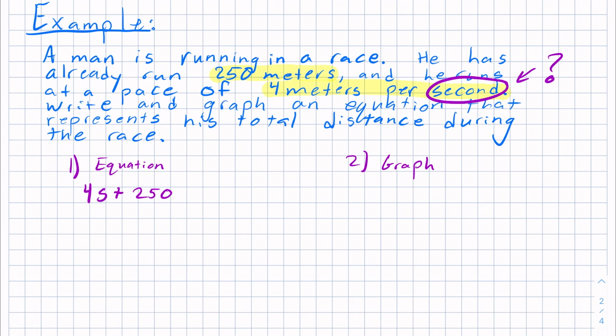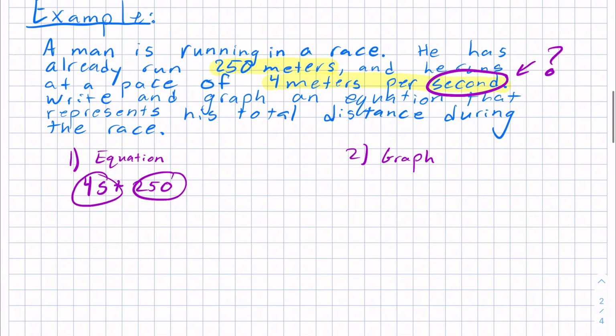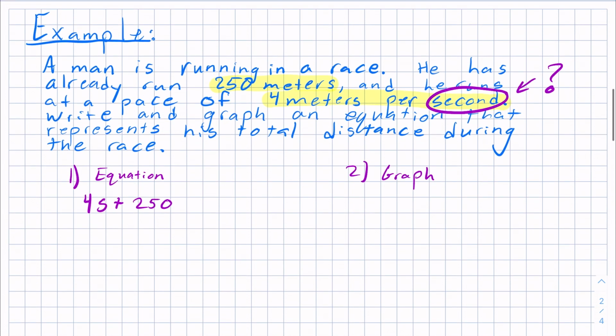Because however many seconds go by, that's however many meters he ran. So 4 times however many seconds is however many meters he runs in that number of seconds. So 4s plus 250. 250, how far he already ran. 4s, how fast he's running. So I'm combining how fast he's running plus what he already ran.